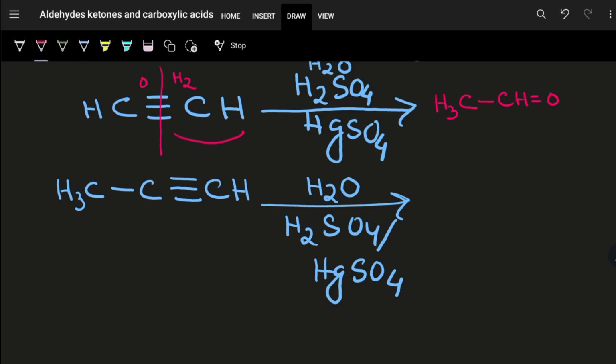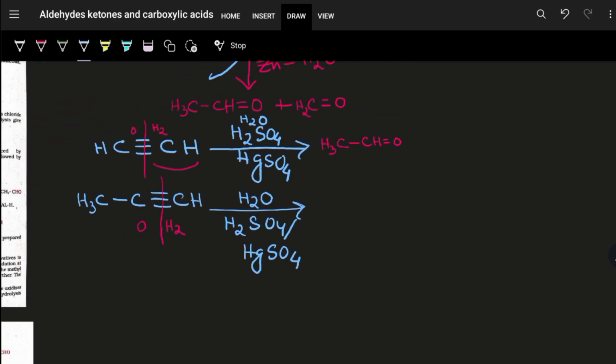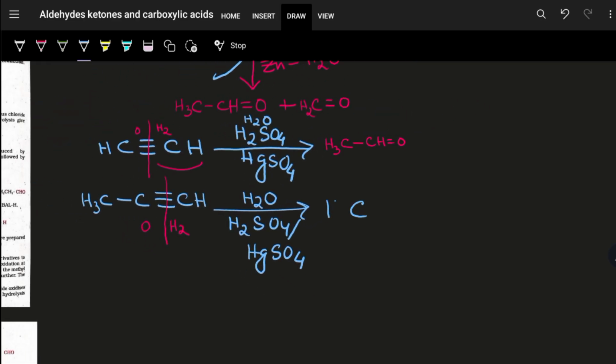So I will add O this side, which is not having any hydrogen, and H adding to the other side. So what will be the product? The product will be CH3 and C double bonded O. CH was there, getting H becomes CH3. So this is the product.